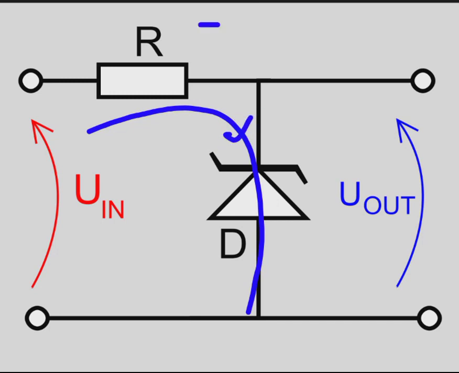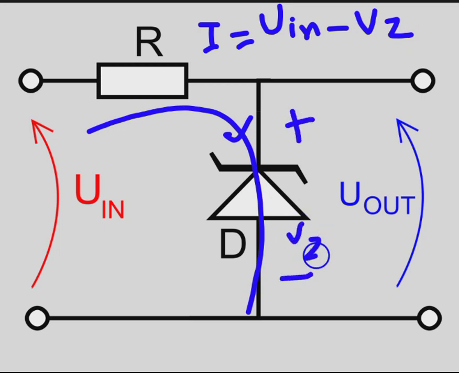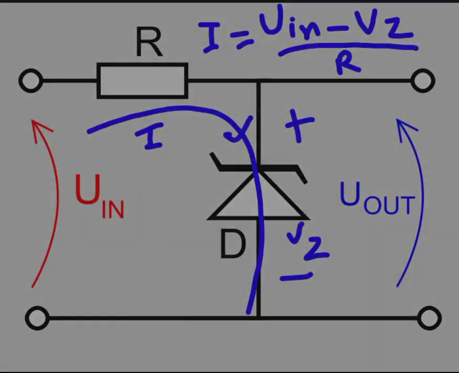So that current I can be equated as U in minus VZ, where VZ is the drop across the Zener, the Zener voltage when it conducts the current and is turned on in reverse bias, divided by the value of R. So this is the value of the current that is flowing through the circuit.